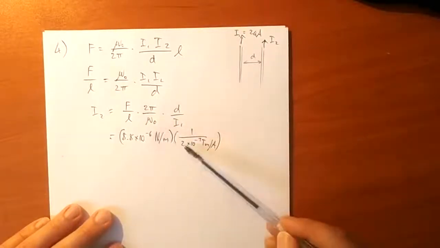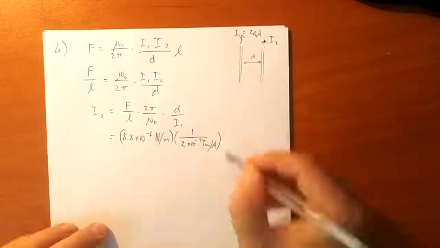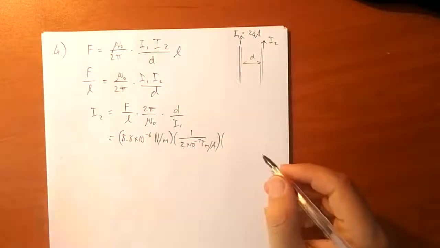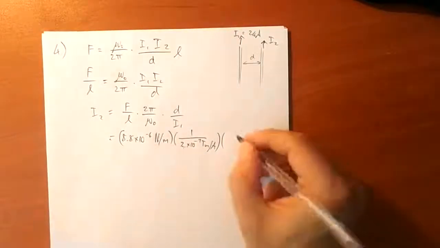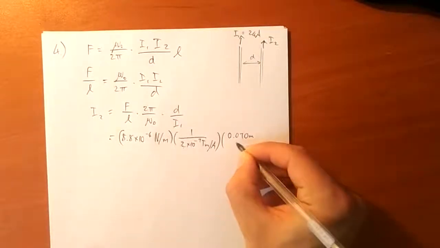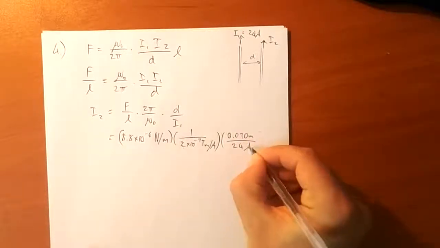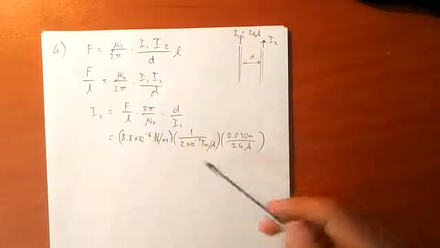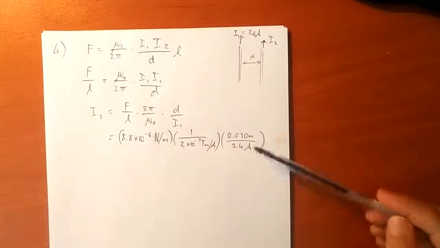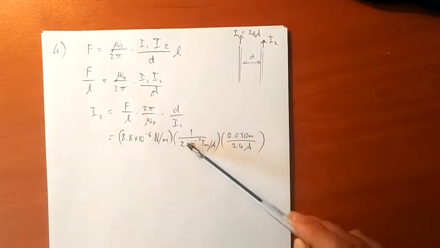Because mu0 is 4 pi times 10 to the minus 7, so the 2 pi cancels with 4 pi, left with just 2. Times the distance, which is 7.0 centimeters, so that's 0.070 meters. And the current is 24 amperes. So I'm multiplying and dividing, and the least amount of significant figures is 2, since the 2 doesn't feature, that's exactly 2.